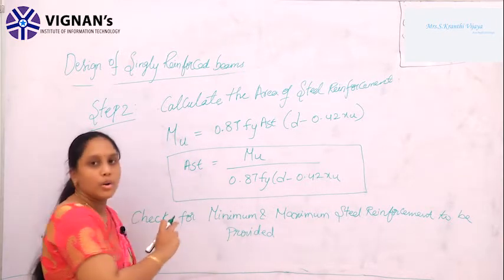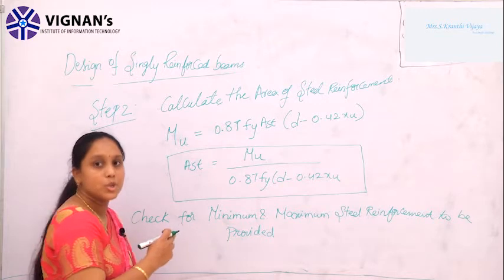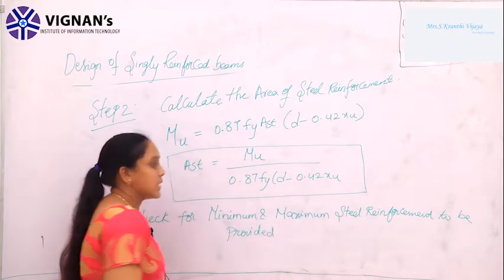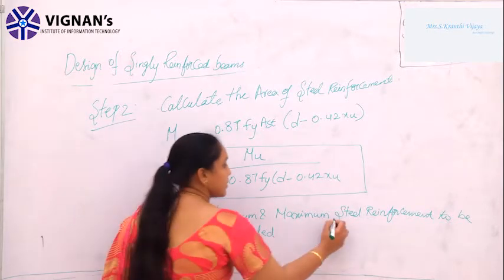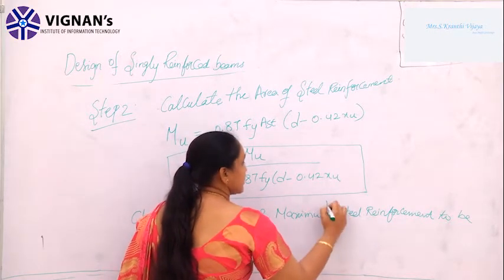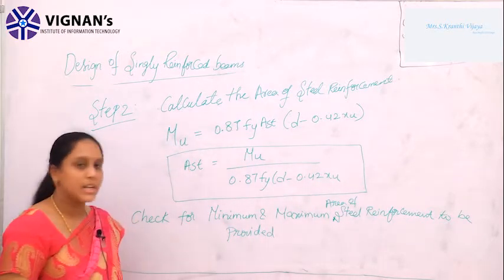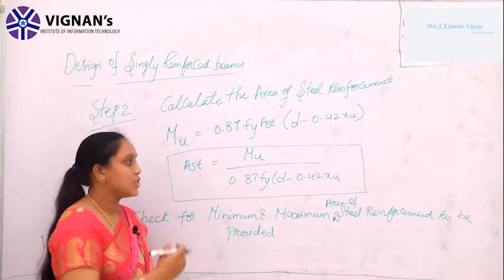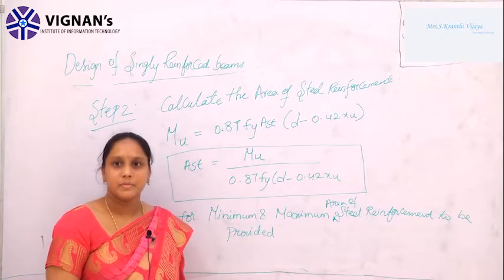So, the area that you got here should be more than the minimum area and it should be less than the maximum area of steel reinforcement. So, if the check is okay, then the design is completed.